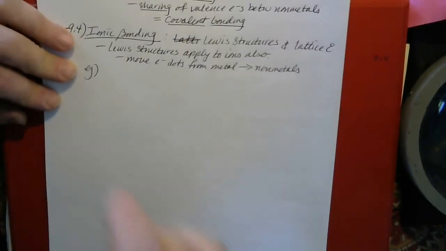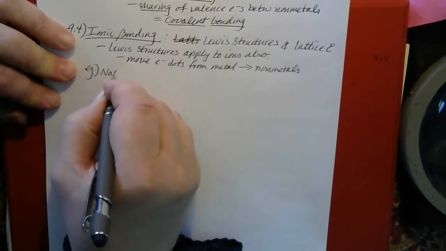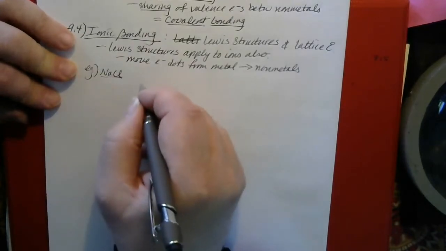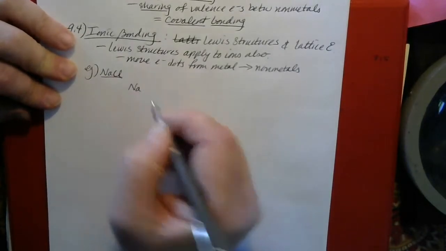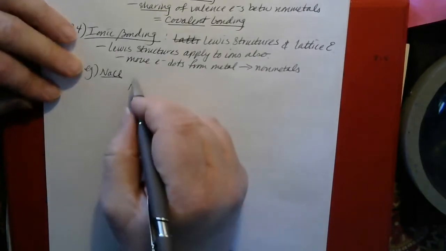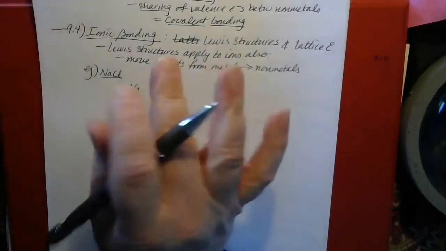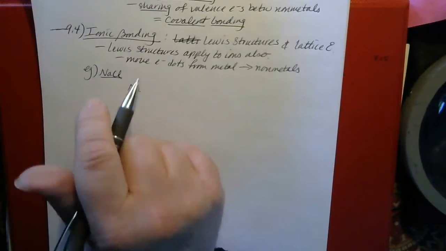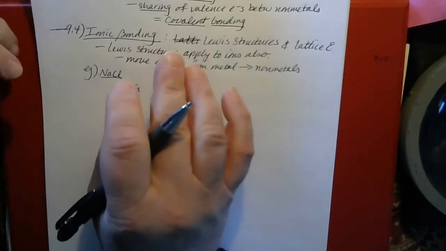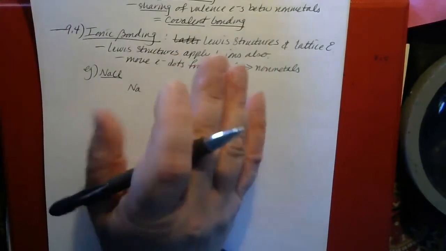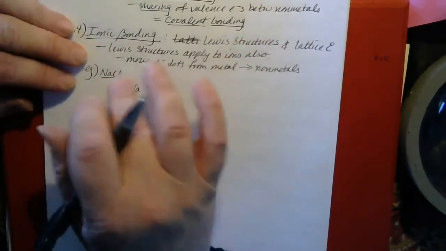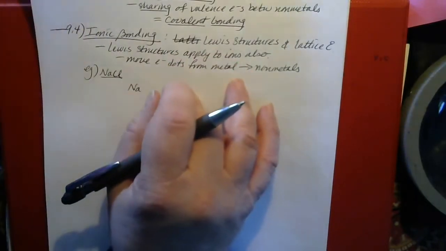So for example, in the case of sodium chloride, sodium, the element, would be written as Na with one dot because it has one valence electron. It doesn't really matter where you put that dot, but it should go above, below, to the left, or to the right of the symbol.